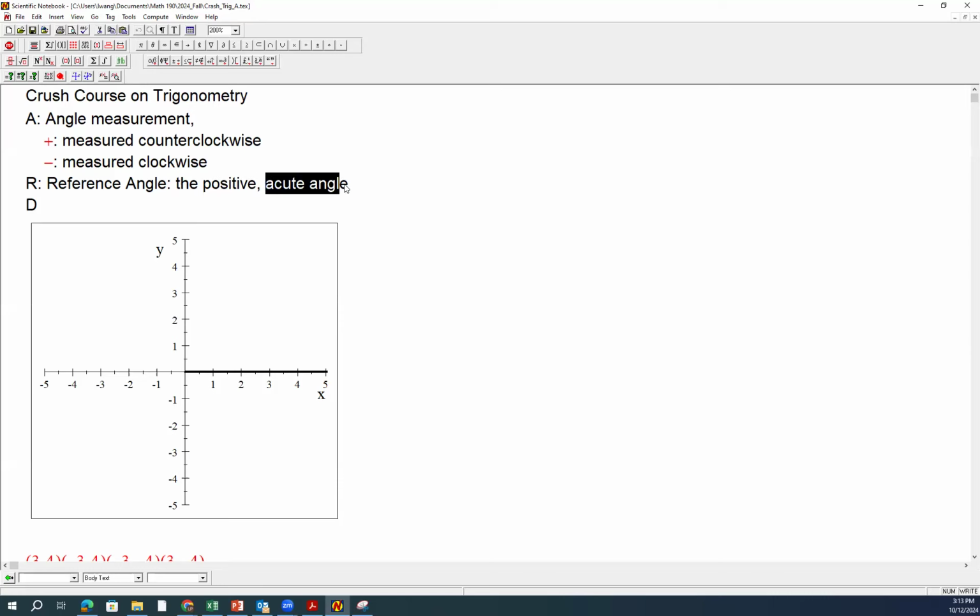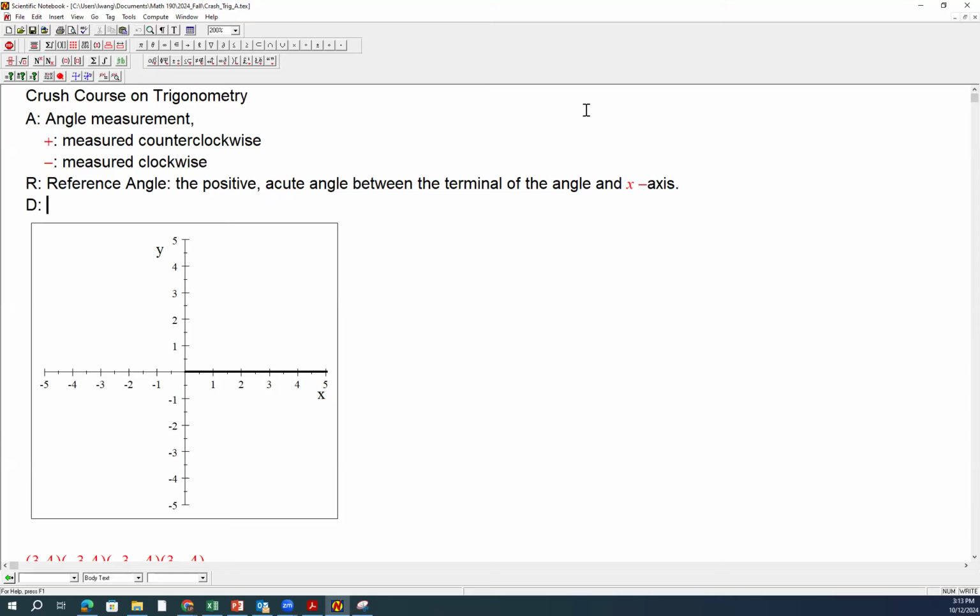Second is acute. It's a positive and acute angle between the terminal of the angle and the x-axis.